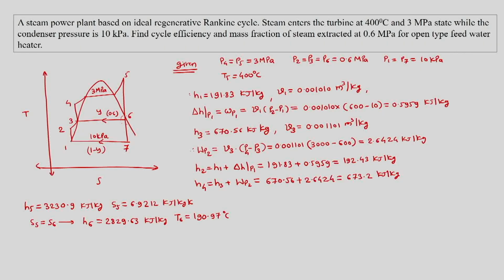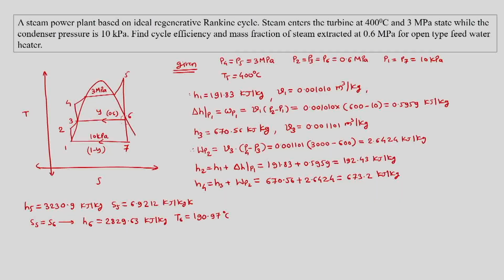Keep in mind that T6 might have been inside the dome if the vapor saturation entropy were higher than S5 or S6. In that case state 6 would have been inside the dome, but at this moment the vapor saturation entropy is lower than S5. So state 6 at 0.6 is in the superheated zone.